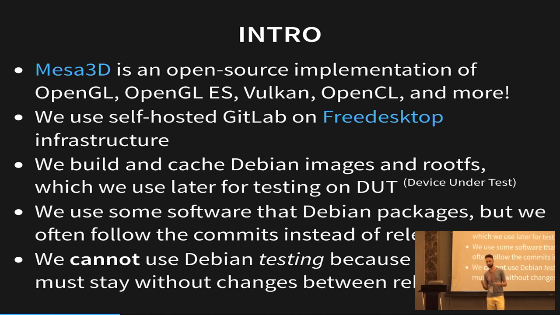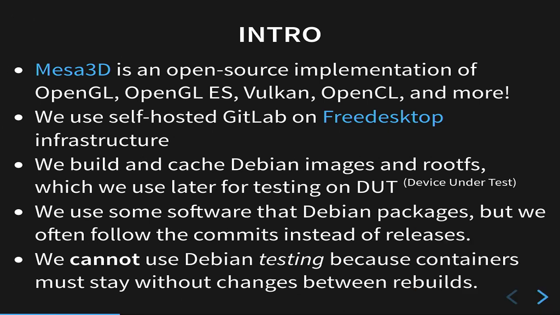On Android it's used sometimes. On Windows it's also sometimes used, and sometimes some part of Mesa is even embedded in different software because of some parts which they find useful. So I will be talking about our repository, which is based on GitLab CI.